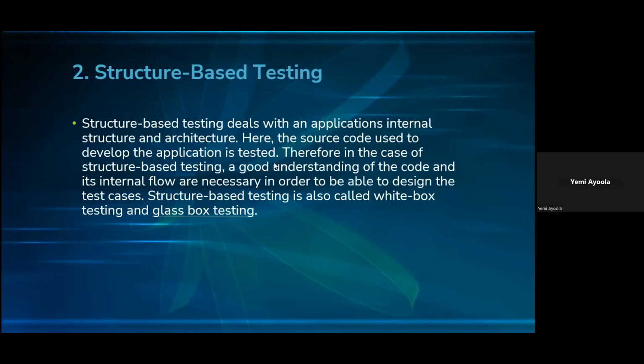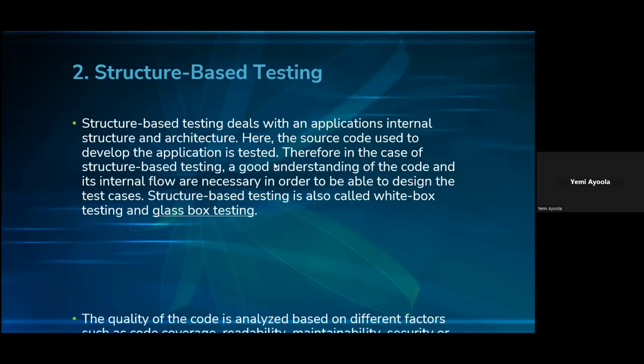Structure-based testing is called white box testing. White, I'm going inside. I want to see everything that is bringing that form from outside. That is what you're trying to test in this phase.